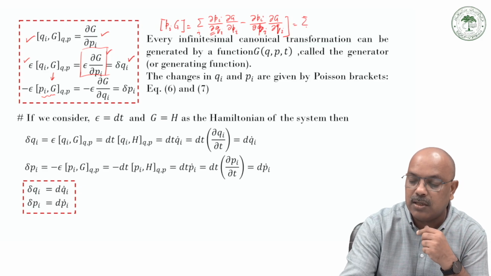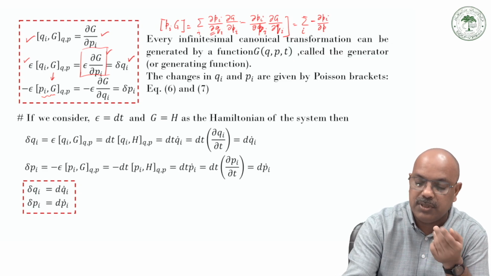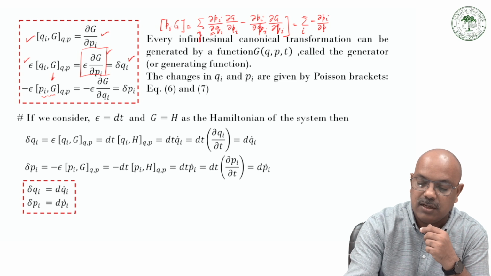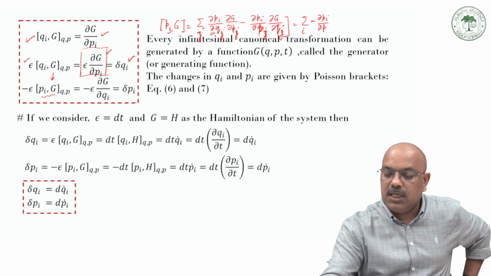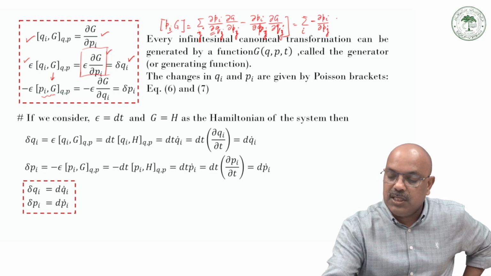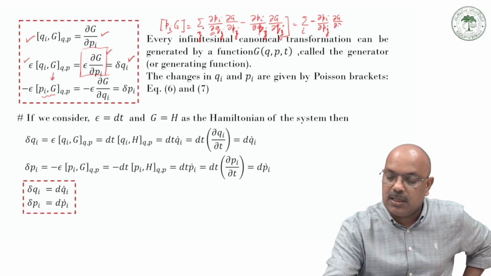With a negative sign, delta Pi upon delta Pj, summing over j, multiplies delta G upon delta Qj.